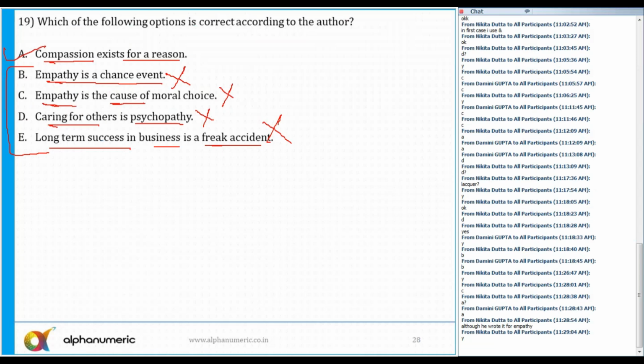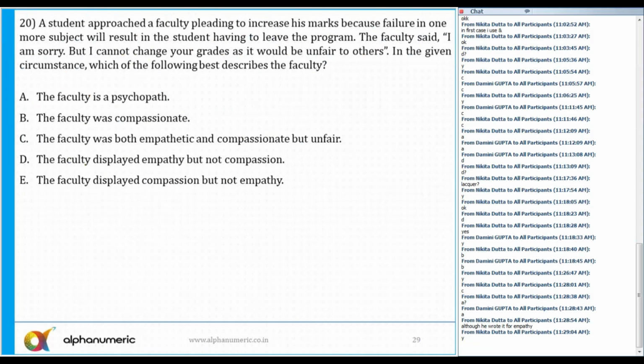Question number 20. A student approached the faculty pleading to increase his marks because failure in one more subject will result in the student having to leave the program. The faculty said, I am sorry, but I cannot change your grades as it would be unfair to others. In the given circumstance, which of the following best describes the faculty?